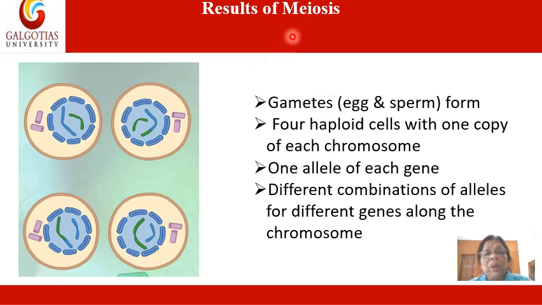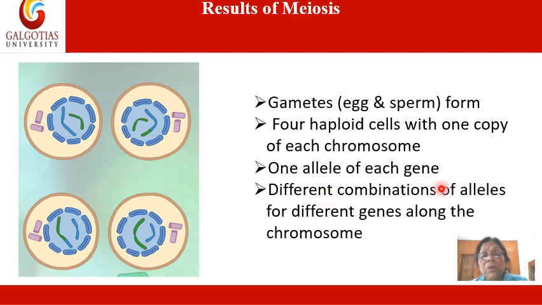So, results of the meiosis. What is the result of the meiosis? These are the 4 cells. This phenomenon occurs in gametes, that is in egg and sperm. 4 haploid cells with 1 copy of each chromosome are formed. 1 allele of each gene is there.